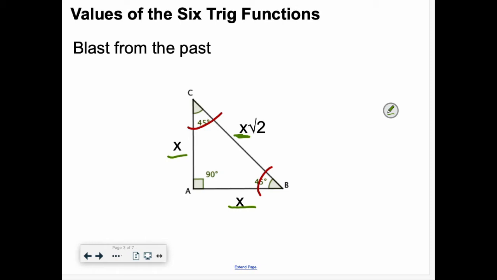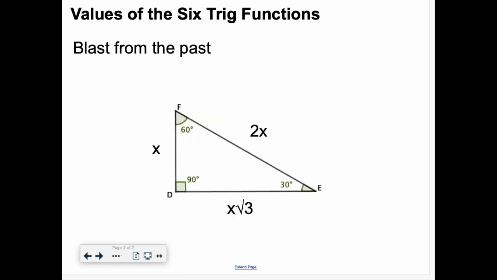So if this was 1, that was 1, this would be 1 radical 2. If this was 5, this was 5, this would be 5 times radical 2. That's one of the properties about the 45, 45, 90. And we're going to use that in a second, and it's actually going to help with that thing about tangent, cotangent we just saw.